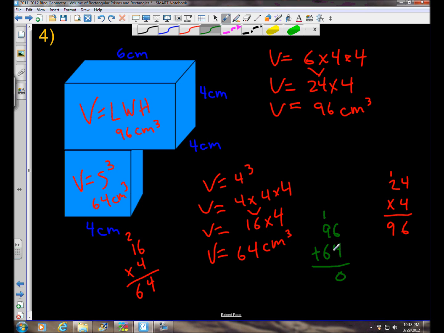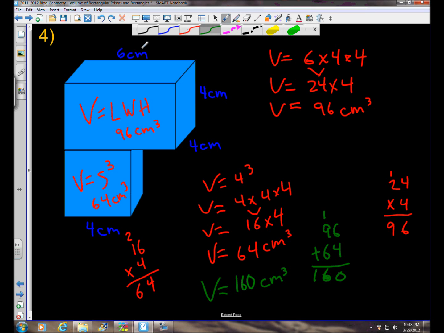Carry the 1. 9 plus 1 is 10 plus 6. We have 16, or for a total of 160 centimeters cubed. So our volume for this whole figure is 160 centimeters to the third power, so it's cubic centimeters. It would take 160 cubic centimeters to fill this container.